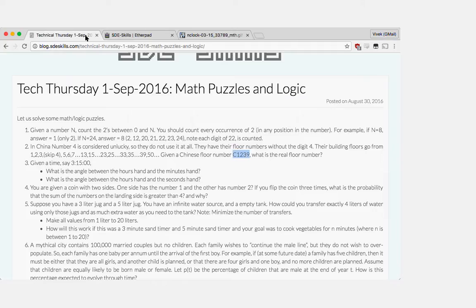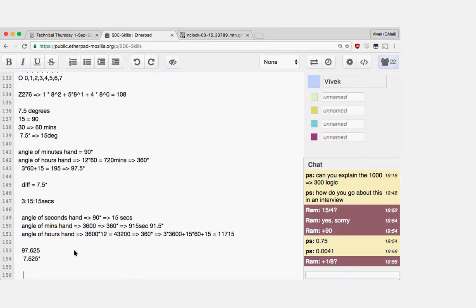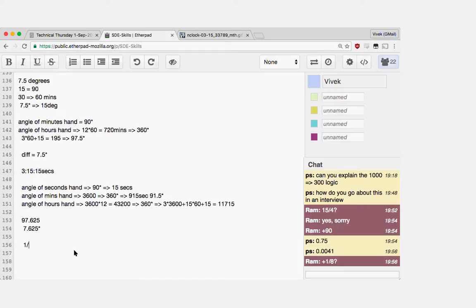Anyone who solved this? I came up with 50%. Yeah, that's what I came up with. It's 50%. Okay. Anybody else with a different answer? I'm hearing 25%, because 1/4 is what I hear. Anybody with a different number? 50%.